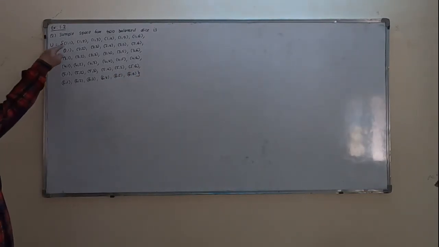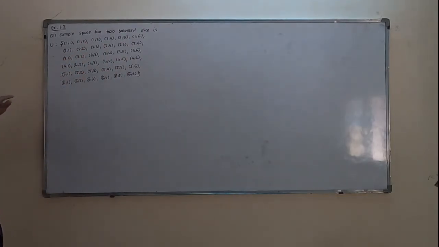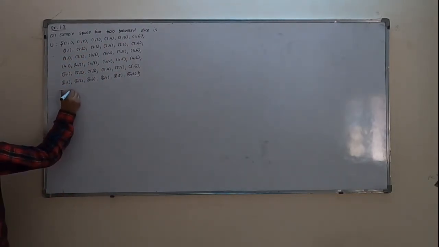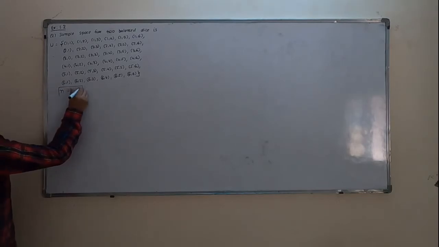In each line there are horizontally 6 and vertically 6. So n is equal to 36.